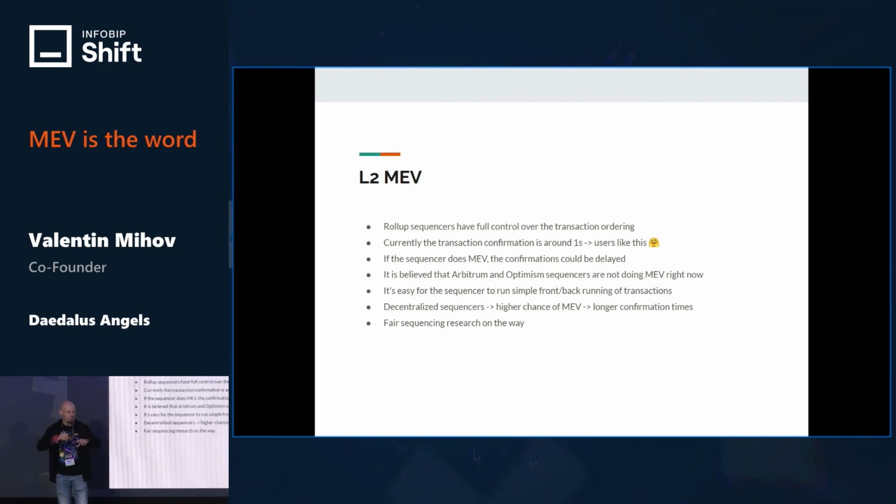Your transaction is immediately confirmed, which is not the case with proof of work or proof of stake blockchains. The delay is going to happen because once the sequencers become MEV extractors, they're going to wait a little bit before they include your transaction to see if maybe they can extract some money out of it, the same way as in proof of stake.